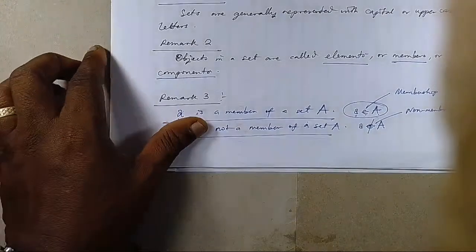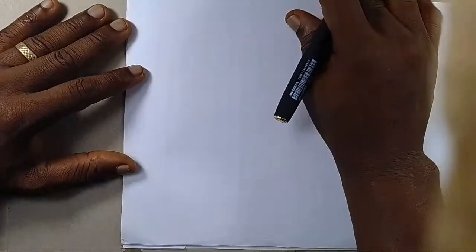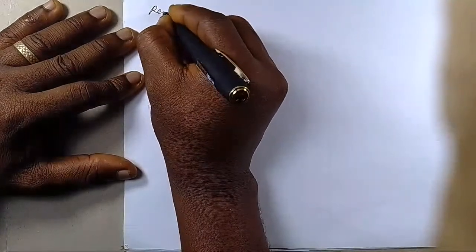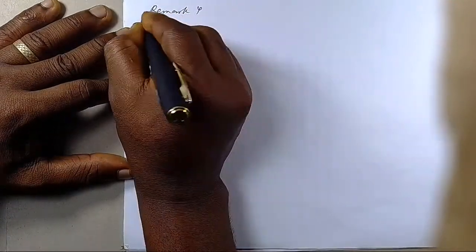Now, the next remark, please. We are looking at remarks and definitions. So the next remark I want to make is remark number 4. I hope you are following. If you are following, please let me know by indicating in the comment section.